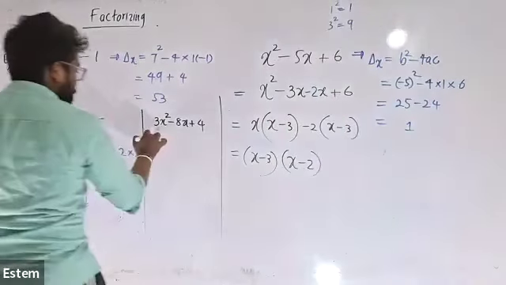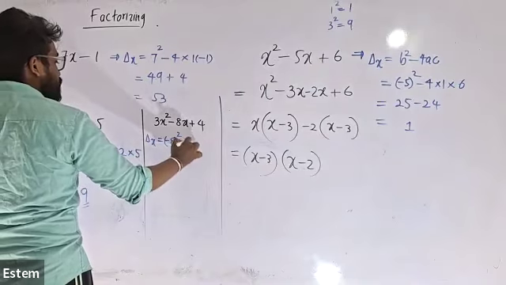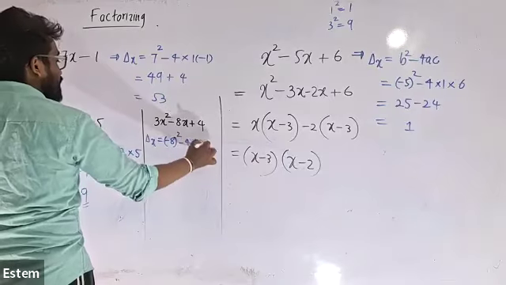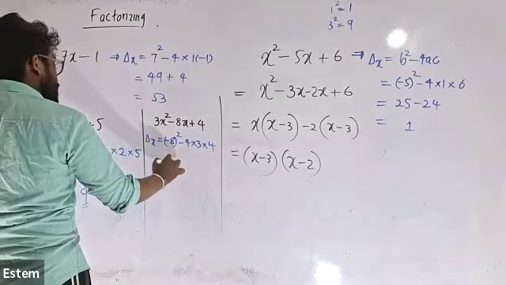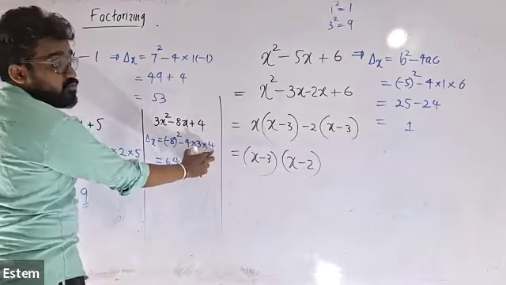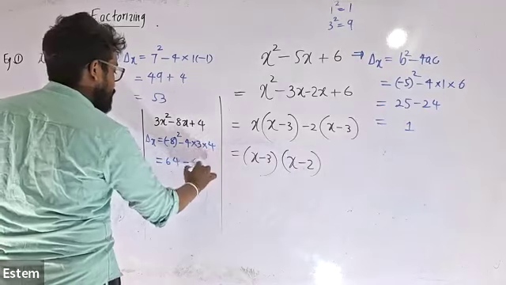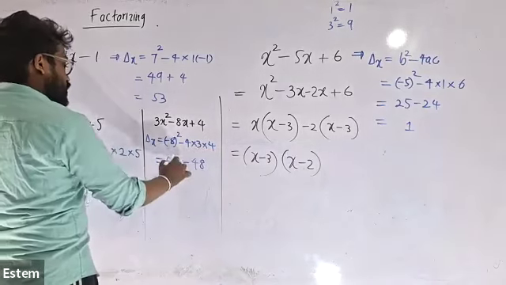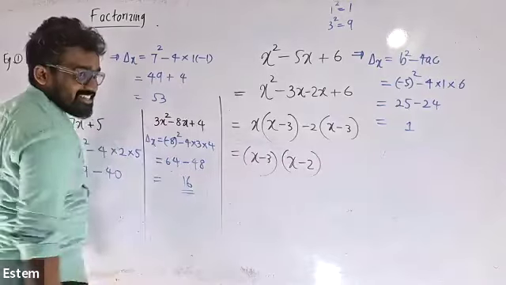What is the discriminant here? b is minus 8. b squared minus 4ac, where a is 3 and c is 4. 8 squared means 64, and minus 4 into 4 is 16, 16 into 3 is 48. 64 minus 48 is 16. See that?